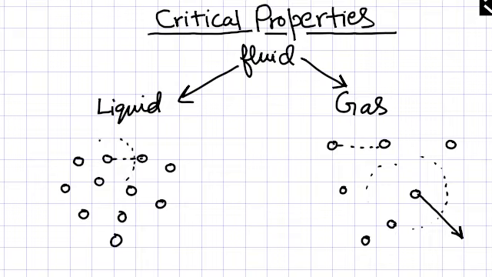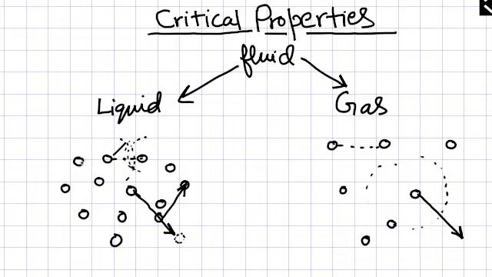Suppose attractive forces are working up to this distance, then molecules in this region will attract each other. Suppose a molecule is moving in this direction. It will not keep on moving like this, because when it comes here, this molecule will attract it, so it will change its path and go in this direction.